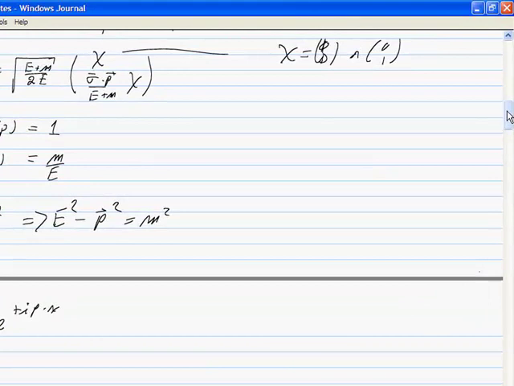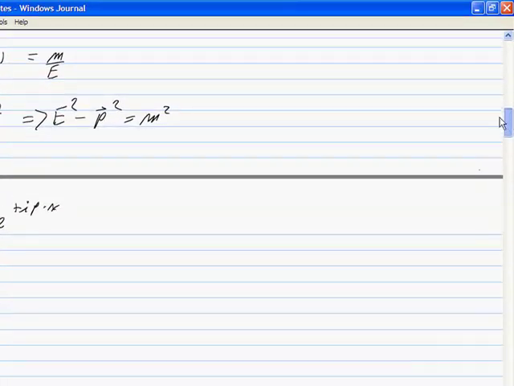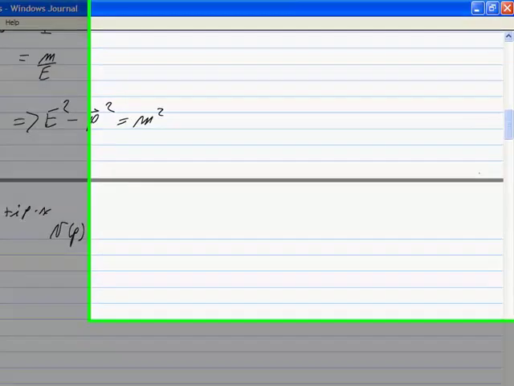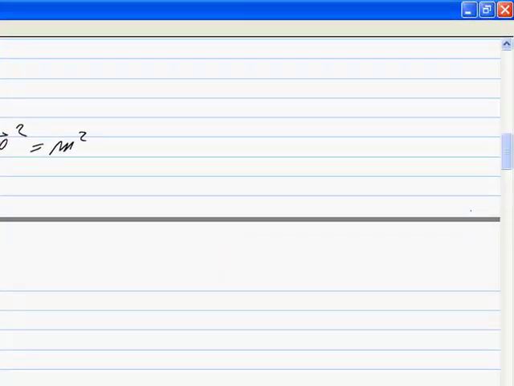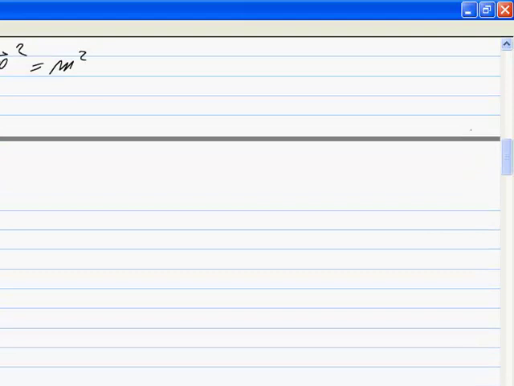We can find solutions with the opposite sign on the exponent. We call those v of p. They are also columns. The Dirac equation turns this into p slash plus m, v of p equals 0. So the sign on p changed: instead of p slash minus m, it's p slash plus m equals 0.